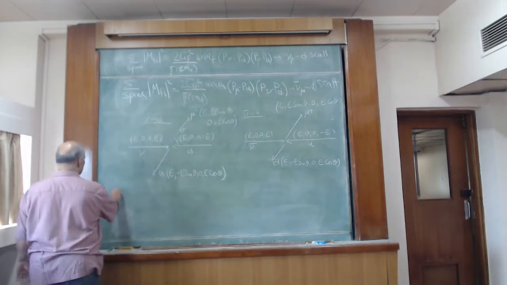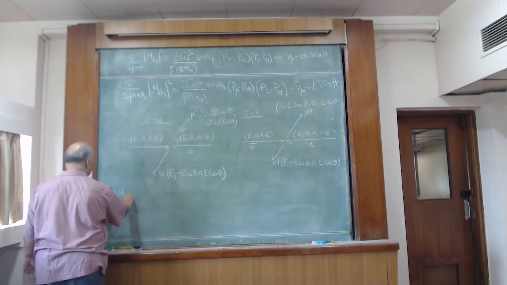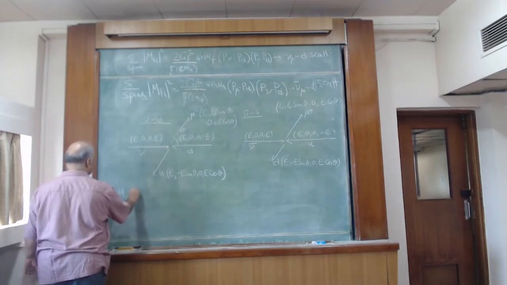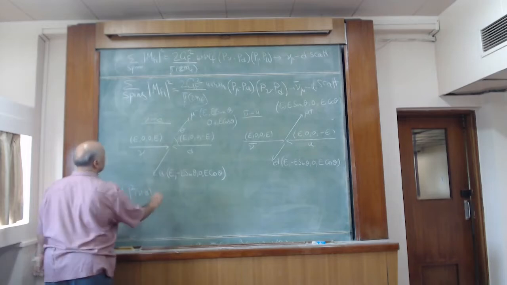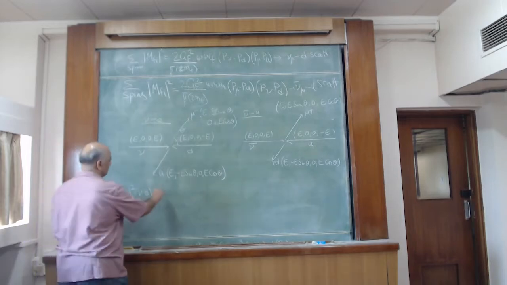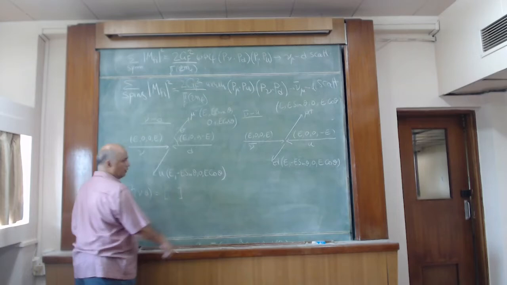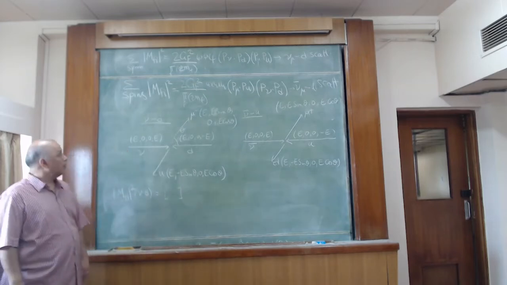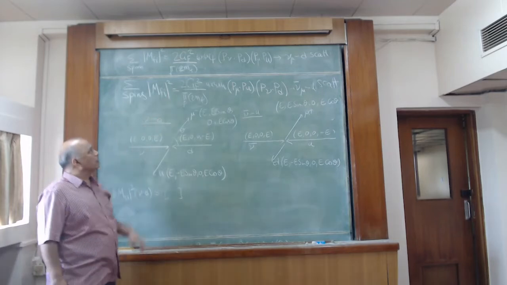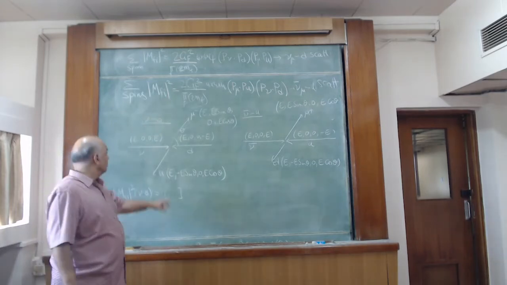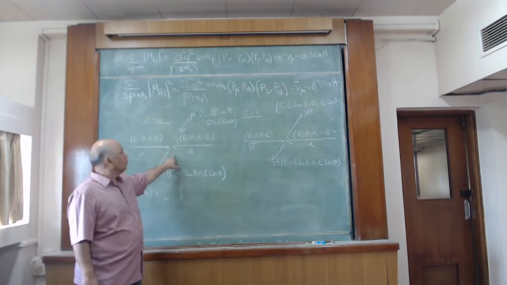So the matrix element square for mu d is some common factor times, let's calculate p nu dot pd times p nu dot pu in this figure.